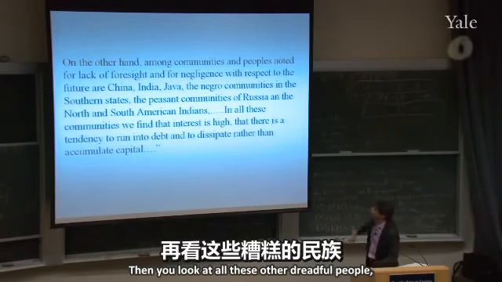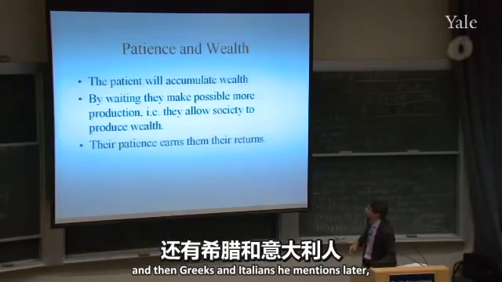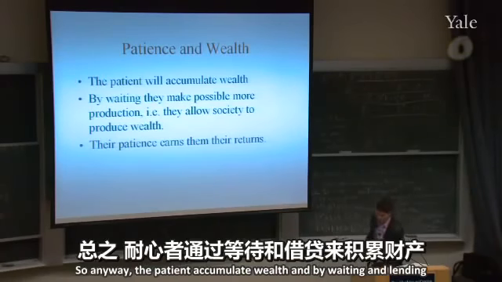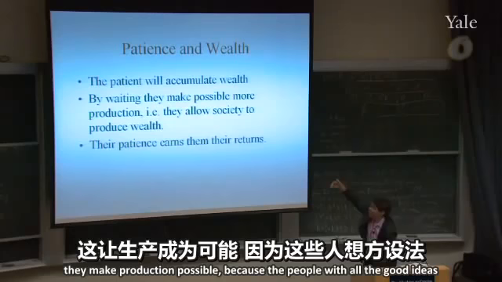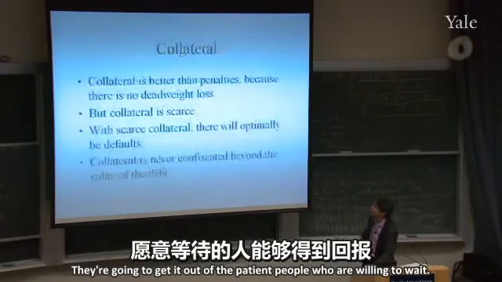Then you look at all these other dreadful people, Chinese, Indians, blacks, Java Southerners, American Indians, and then Greeks and Italians he mentions later, hopeless, high rates of interest, incredibly impatient. So anyway, the patient accumulate wealth, and by waiting and lending, they make production possible, because the people with all the good ideas are going to get the money to produce out of the patient people who are willing to wait.